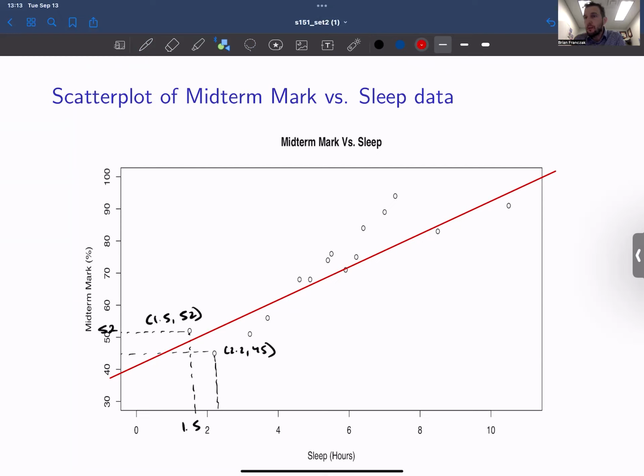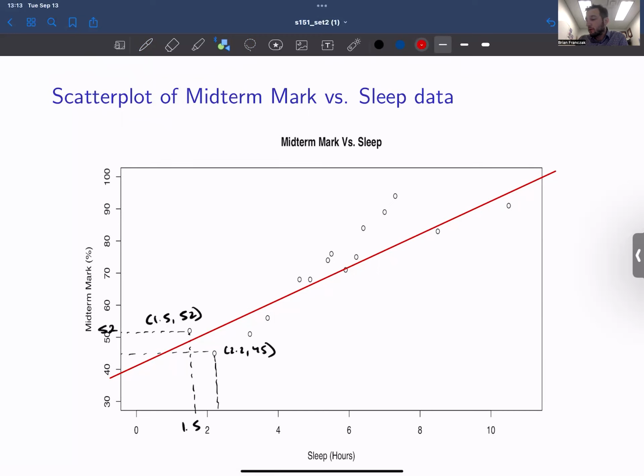The second part of this is whether or not this is a positive relationship or a negative relationship. Very simply, if we increase on the x-axis, so in this situation, we increase the number of hours of sleep, if the midterm mark goes up as the number of hours of sleep go up, that's a positive relationship.